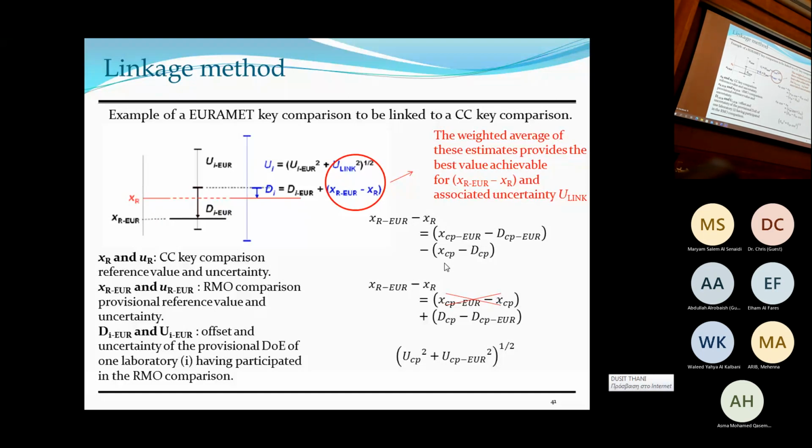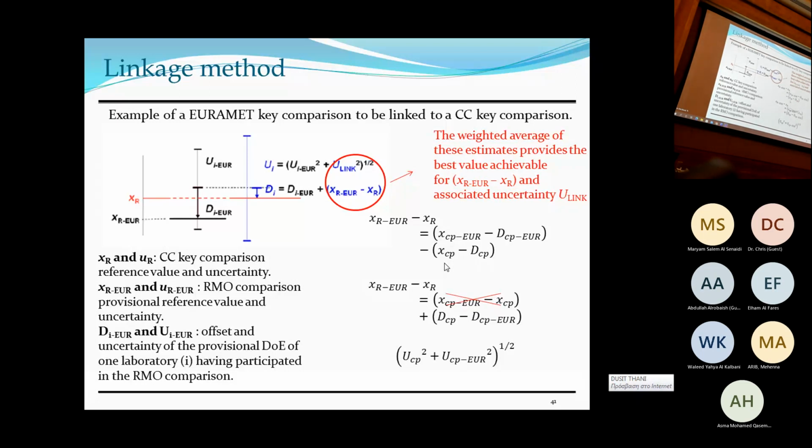And this value, which is the reference for the Euromet, is the lab value with double participation in Euromet minus its degrees of equivalence. Why? Because the degrees of equivalence are defined that way. And the reference value of the CC comparison, again, is the value of the lab with double participation in the CC comparison minus its degrees of equivalence in the CC comparison.